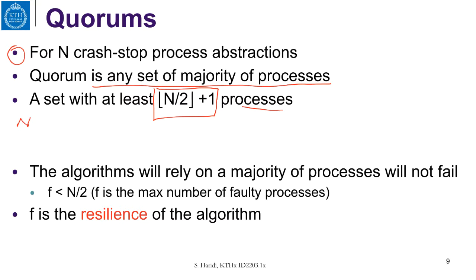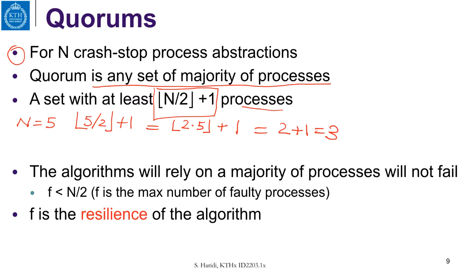If n is equal to 5, then the floor of 5 divided by 2, plus 1, is equal to the floor of 2.5 plus 1, and that is equal to 2 plus 1, which is equal to 3.